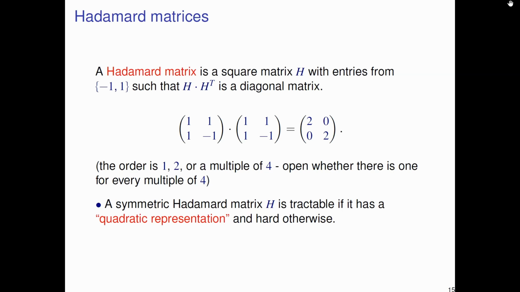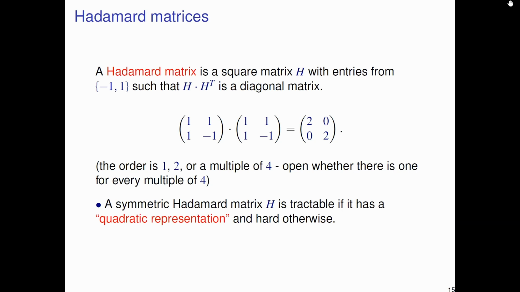The truth is that only some Hadamard matrices lead to tractability, and they have to have a kind of quadratic representation. There's a linear thing going on with this tensor product, and a quadratic thing in the background.